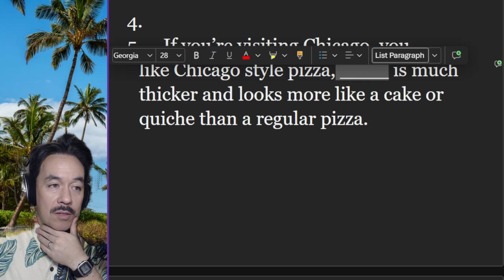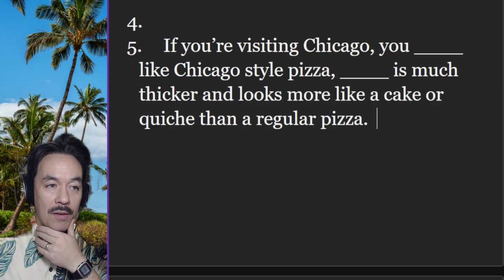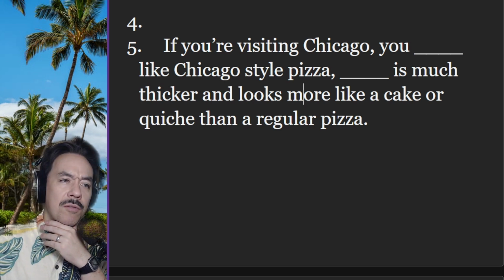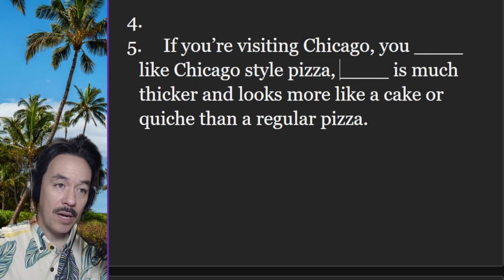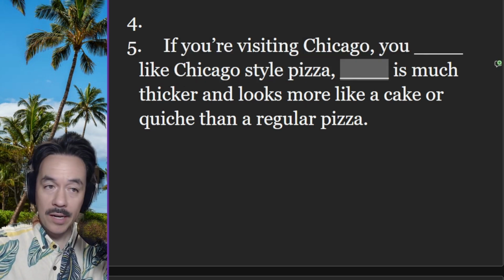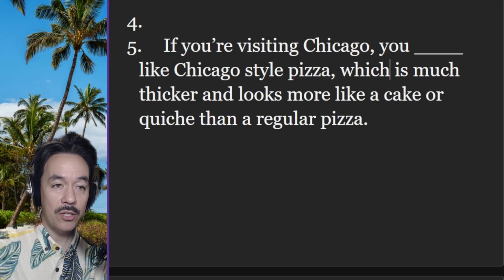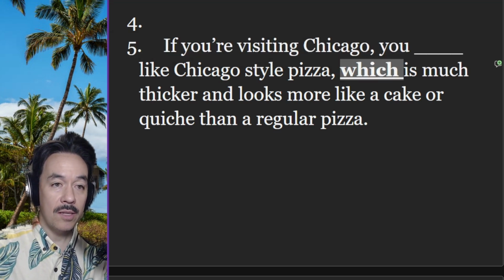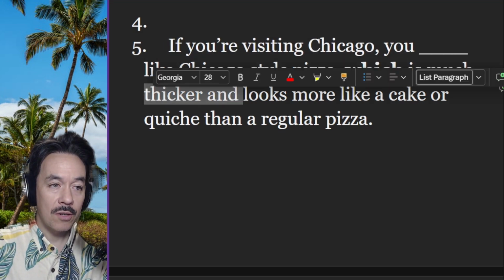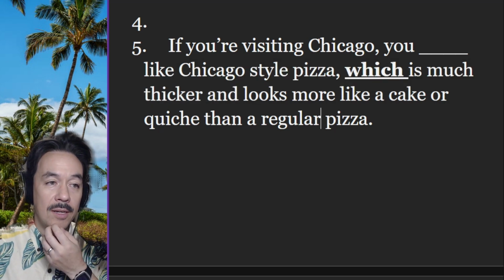Blah blah is much thicker and looks more like a cake or quiche than a regular pizza. A little recommendation, Chicago style pizza. So I think I gave it away. So Chicago style pizza, what is that? Oh, I can explain that. You don't need to ask a question. Say which is much thicker and looks more like a cake.